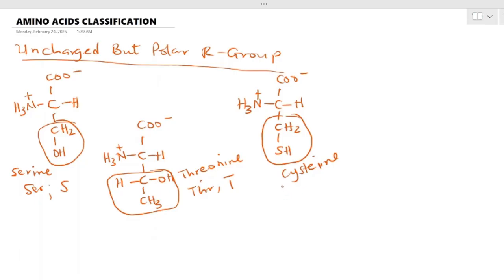The three-letter abbreviation is Cys, and the single letter is C. So we have serine, cysteine, and threonine. For want of space, we'll be looking at the other two, asparagine and glutamine, on the next page.